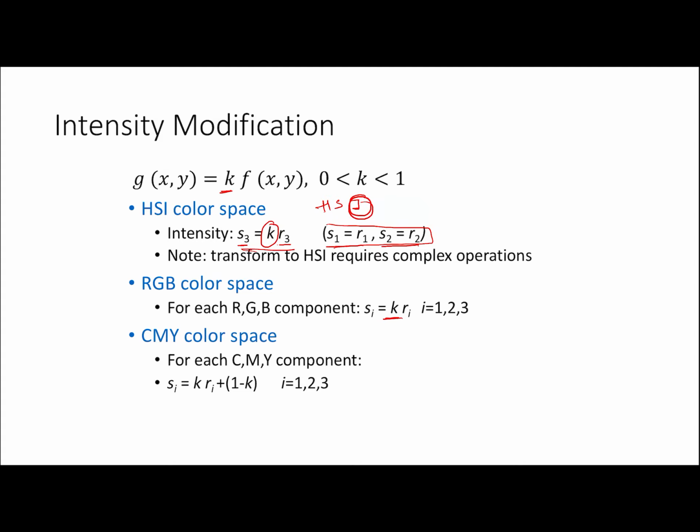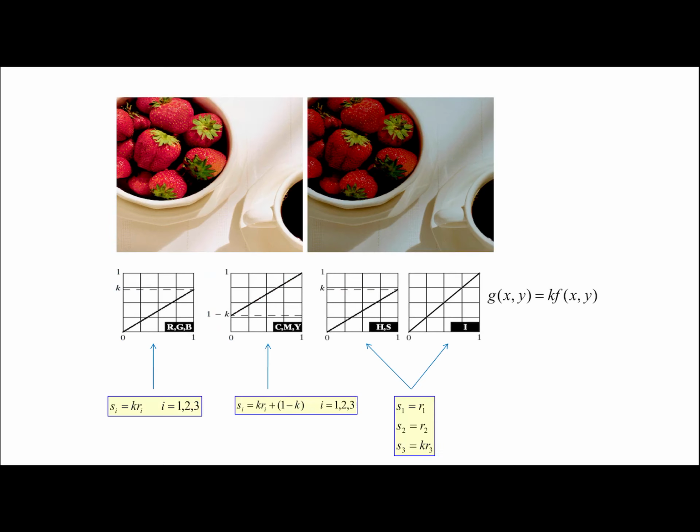The CMYK space requires a similar set of linear transformations given by si equals k ri plus 1 minus k. And here for CMY we have three color components, so i equals 1, 2 or 3.